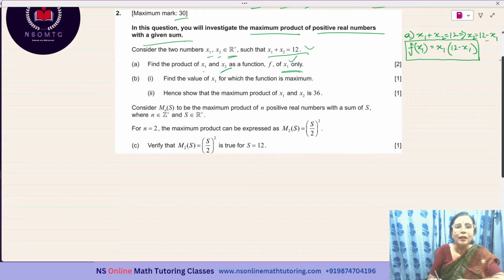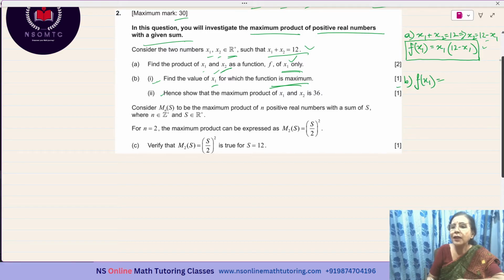Subpart B contains two further subparts. Subpart i is saying find the value of x1 for which the function is maximum. It is containing just a single mark. If you can get the value of x1 for which the function has the maximum value, fair enough, from this expression, of course. Or else, let me rewrite this a bit.